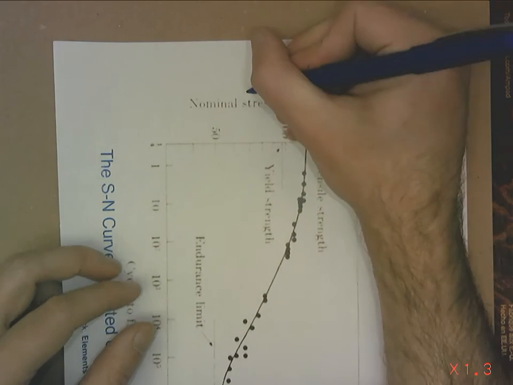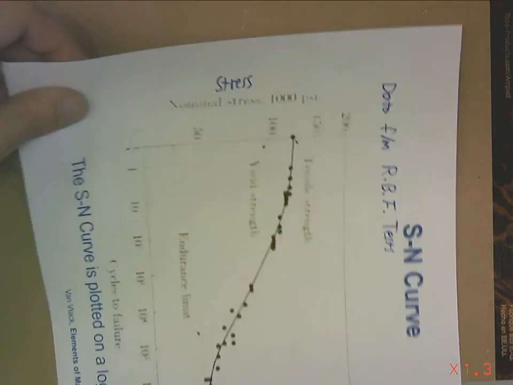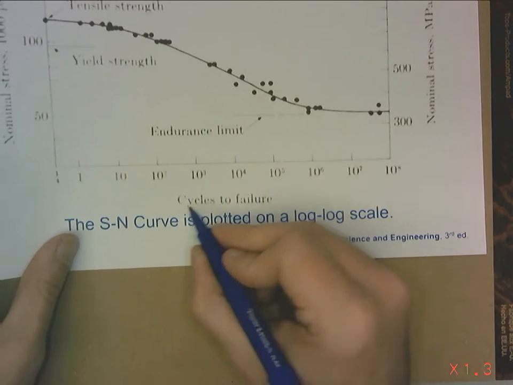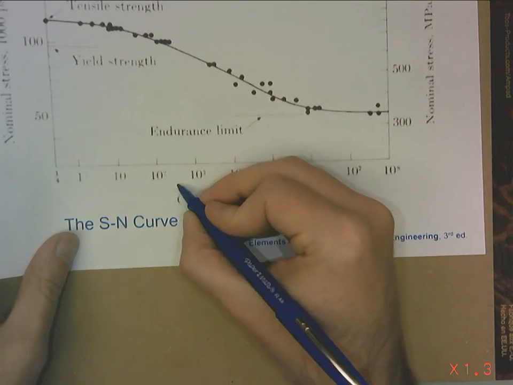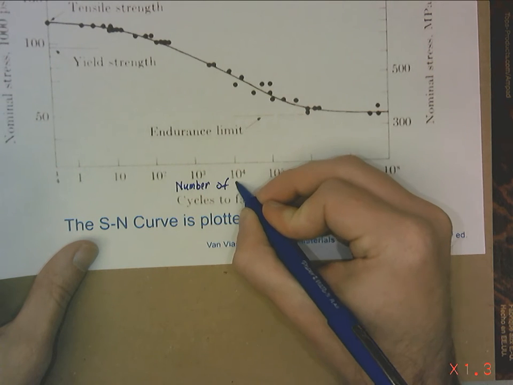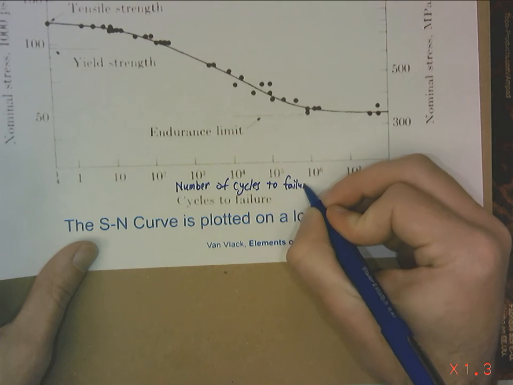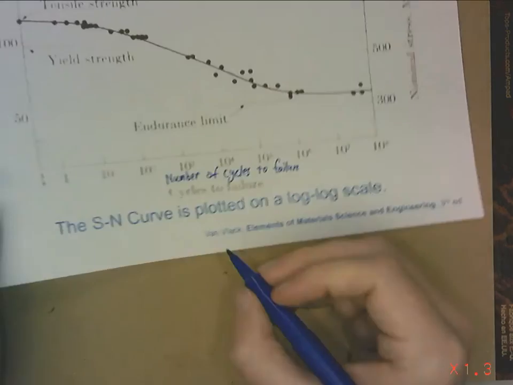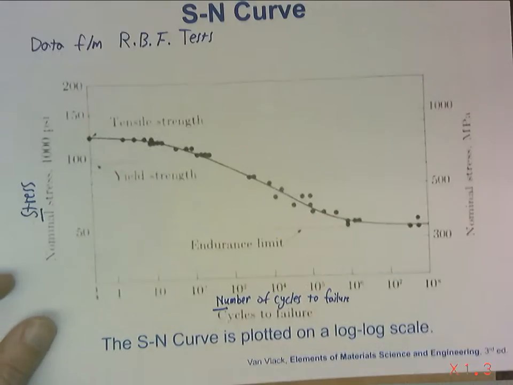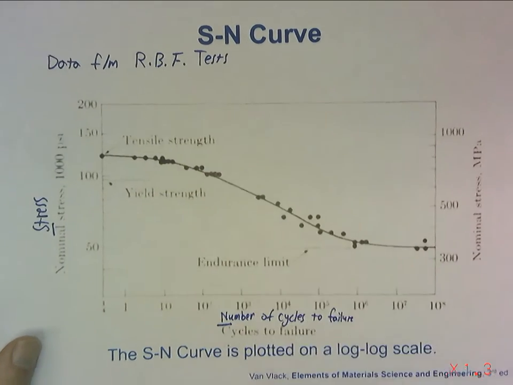Well, here is stress, and this says cycles to failure, but you'll also see this labeled as number of cycles to failure. S for stress, N for number of cycles. Okay, SN curve, stress, number of cycles curve.